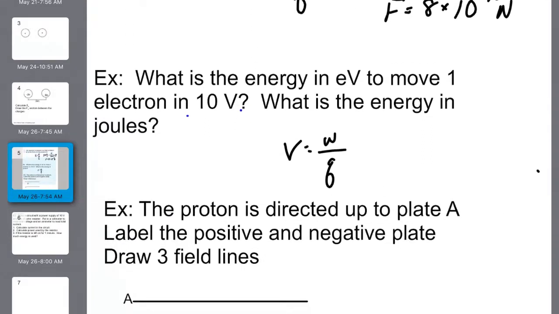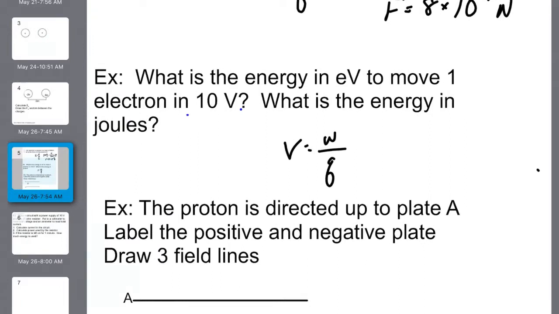So my next problem is I'm trying to find the energy in electron volts to move one electron 10 volts. So we have our 10 volts, and we have one elementary charge. So we have, multiplying across, our energy is 10 electron volts.